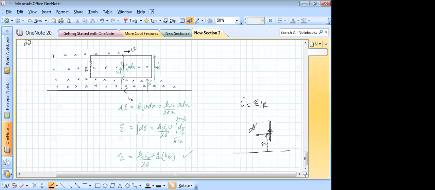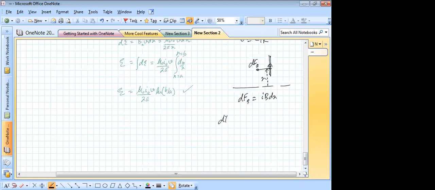So magnetic force acting on it will be like this. So I B dx. In that we have to bring this value of B. I into mu naught I naught divided by 2 pi x dx.